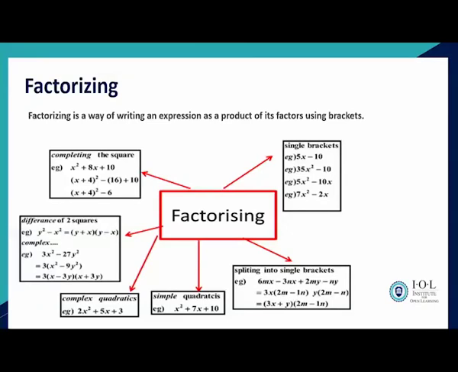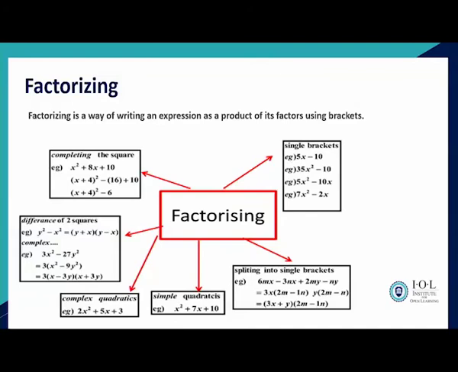Factorizing. When it comes to factorizing, we have completing the square, difference between two squares, complex quadratics, simple quadratics, splitting in single brackets, that is grouping, and common factor. You should know which method works for which.